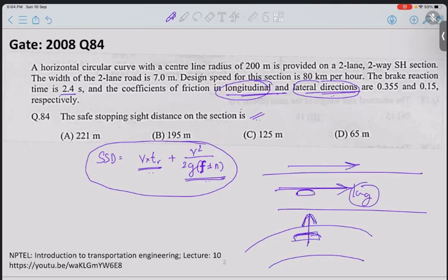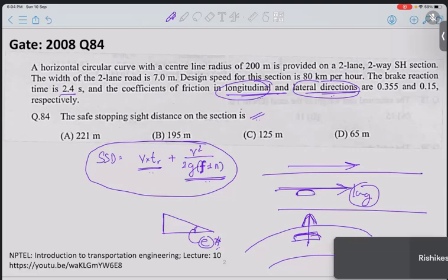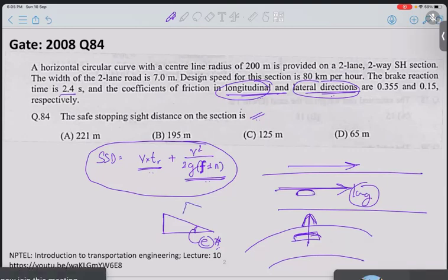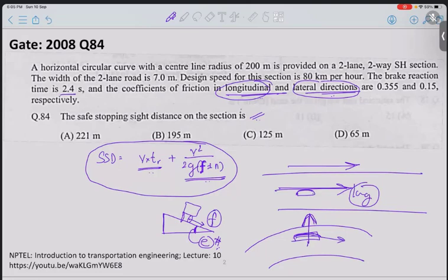The road will be embanked; we'll see this type of question after these two questions. It gives some elevation e to the outer edge of the road so that fast vehicles can go, and then we have friction also. That friction, which is perpendicular to the motion of the vehicle, is the lateral friction coefficient.